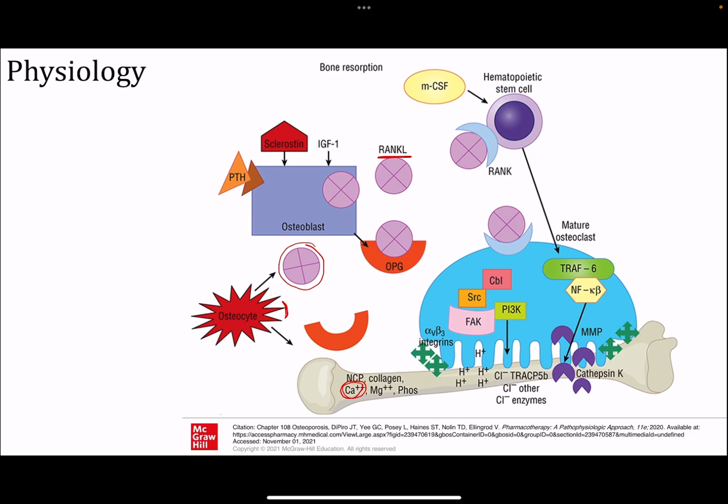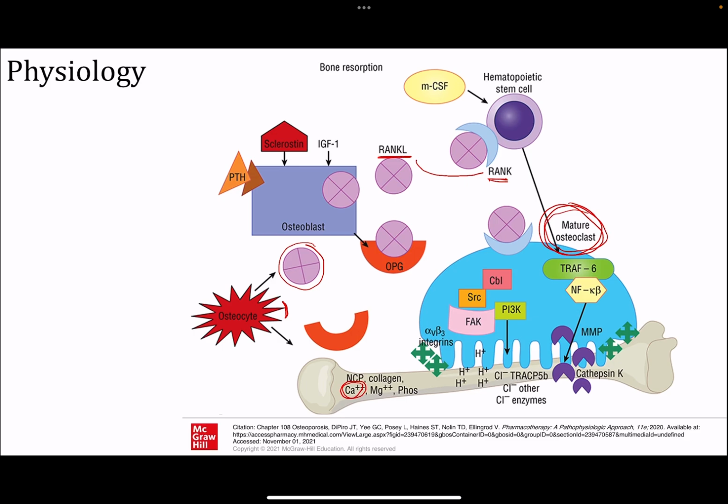And this here is going to bind to this receptor, the RANK. This RANK receptor is found on stem cells, and when this binding occurs, then we have a mature osteoclast.